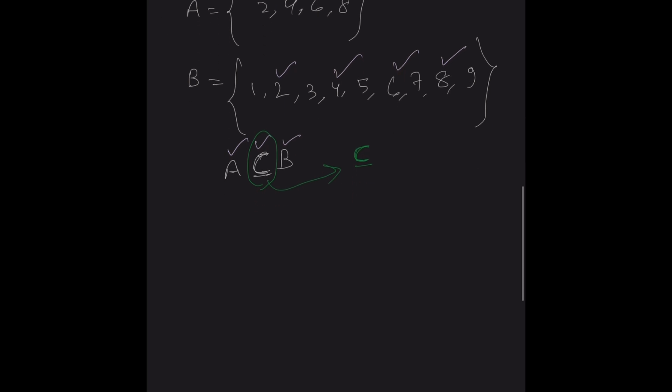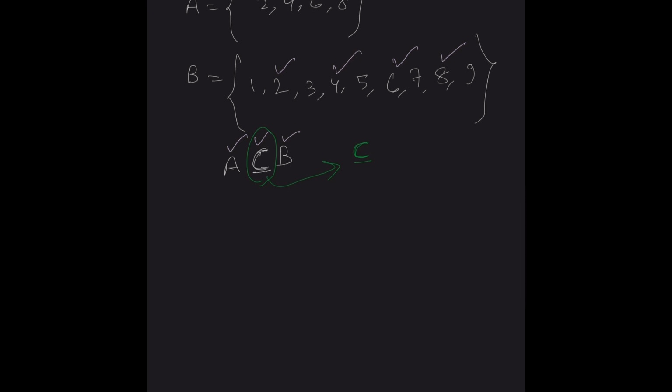Now, there's also something called a real set, a proper subset. Suppose B was a set, and here B has all the elements of A, plus it has another element which A does not consist.